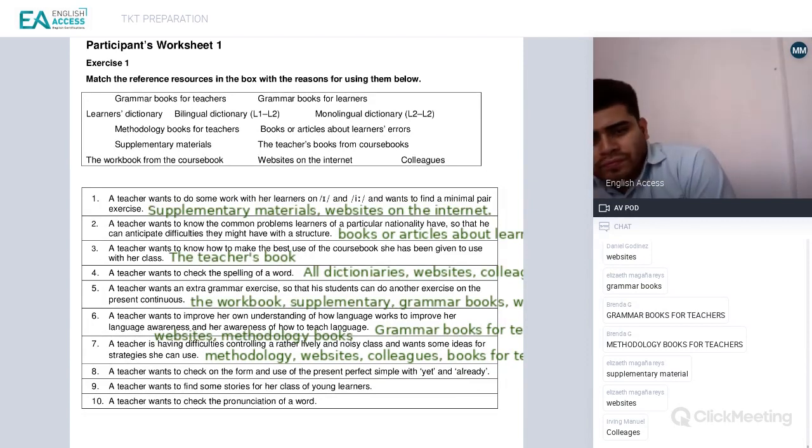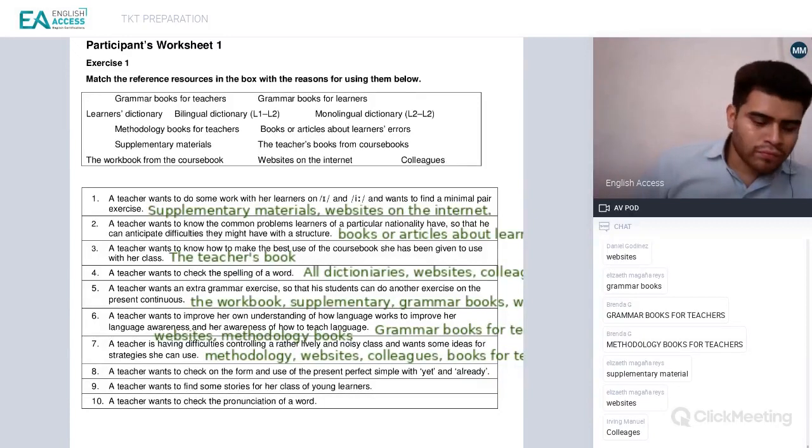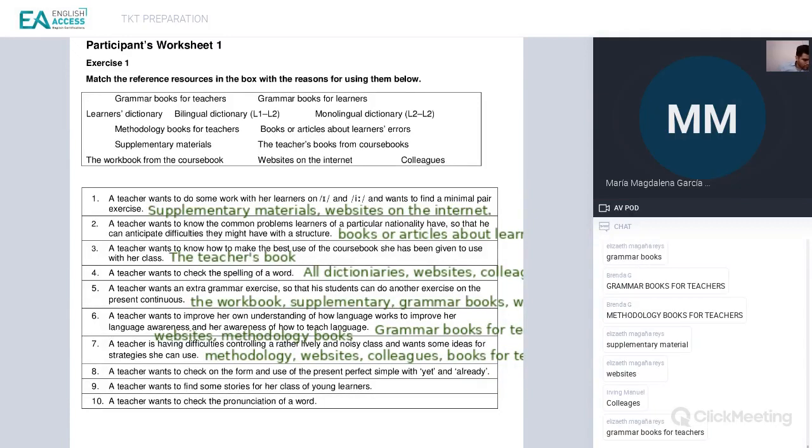Eight. A teacher wants to check on the form and use of the present perfect simple with yet and already. The grammar books for teachers. Very good. Both grammar books.